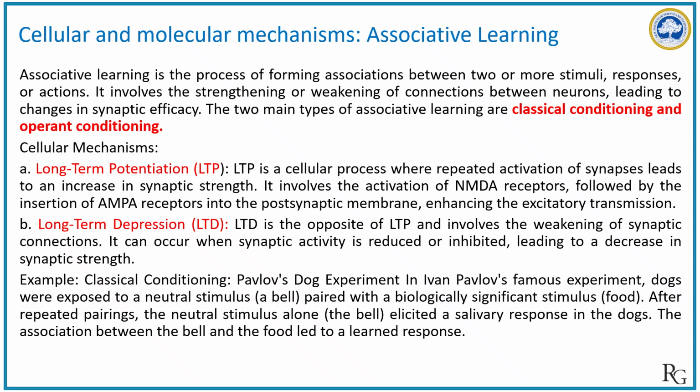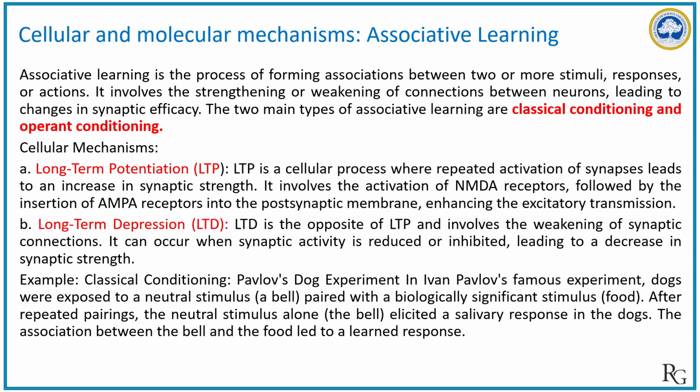So, for example, in the dog experiment, the researcher paired a neutral stimulus like the bell with a biologically significant stimulus such as food. Over time, the bell alone caused the dogs to salivate. So, at a neural level, repeated pairing strengthens the connections between the neurons responding to the bell and those controlling the salivation. So this is an example of LTP in action.